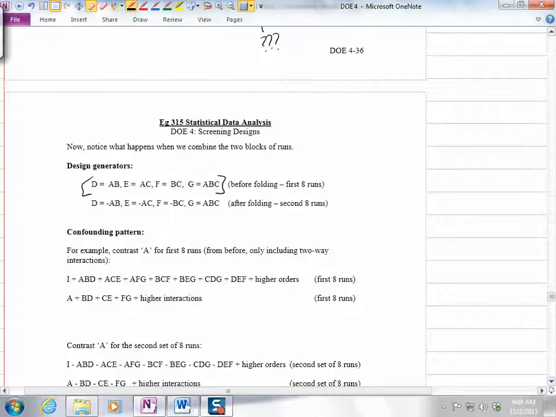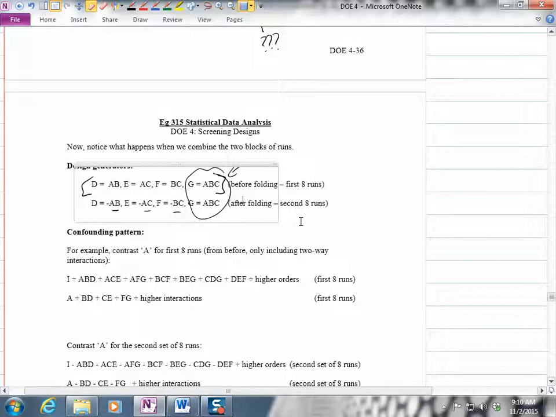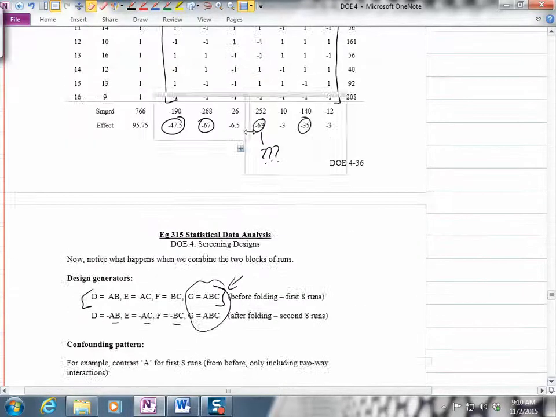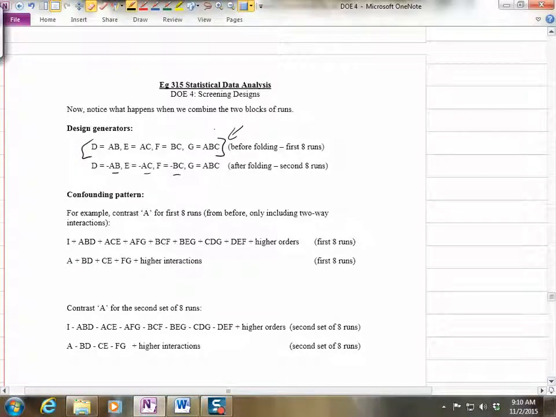When you flip the signs of A, B, and C, the G generator stays the same. So G is still ABC. This design generator stays the same, but don't worry too terribly much about that.